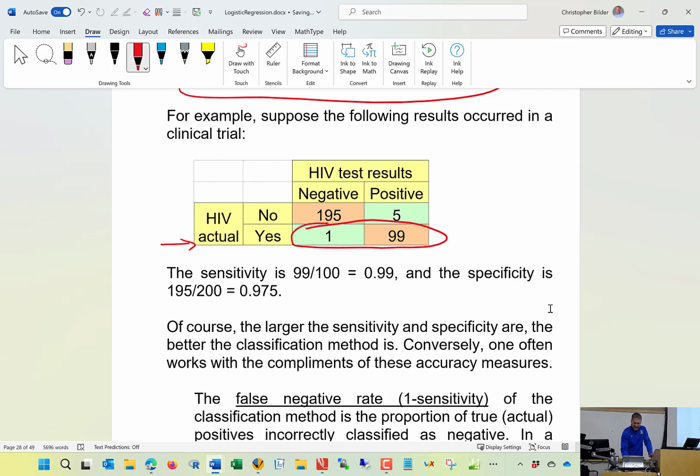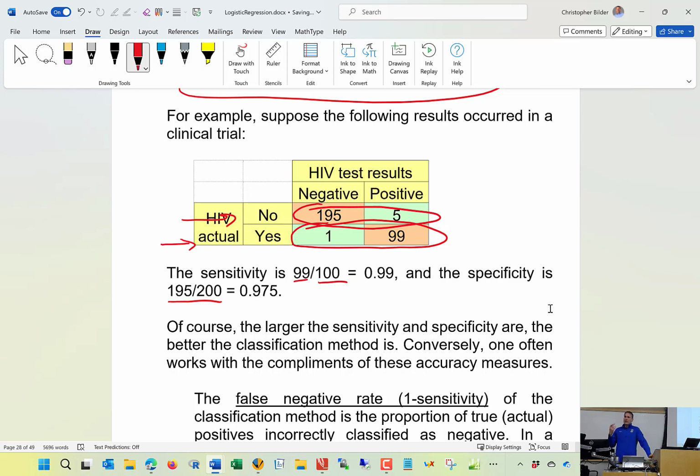Then 99 out of 100 times where we had somebody who actually had HIV, the test worked. So my sensitivity is 0.99. For the HIV no row, 195 times it got it right out of 200. So my specificity is 0.975.